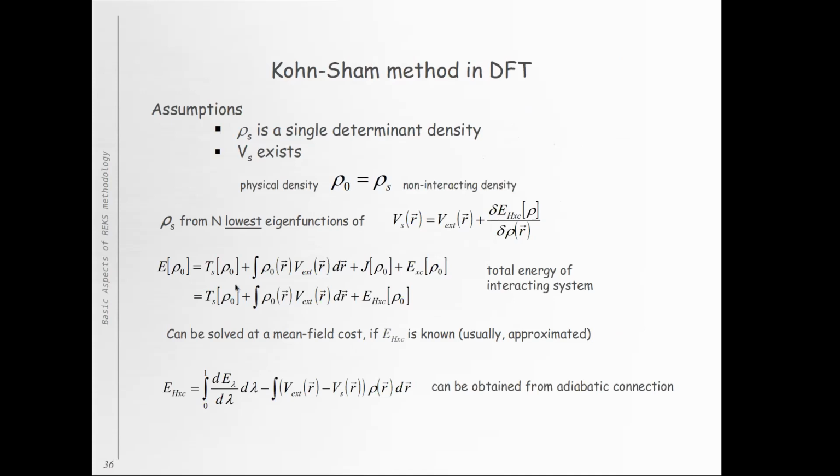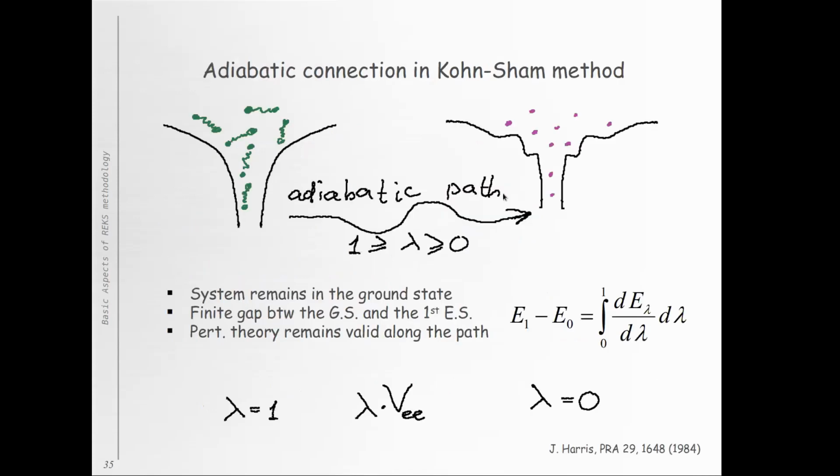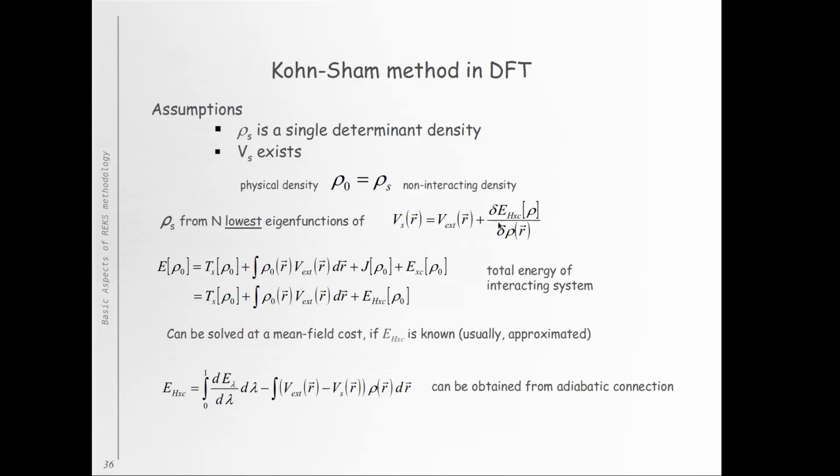First, we split off the contribution from the real physical external potential. The remaining part we can also separate by using this trick, projection onto the system of non-interacting particles. We can separate out the non-interacting kinetic energy, the kinetic energy of these electrons moving in the modified potential, and the rest of the energy.